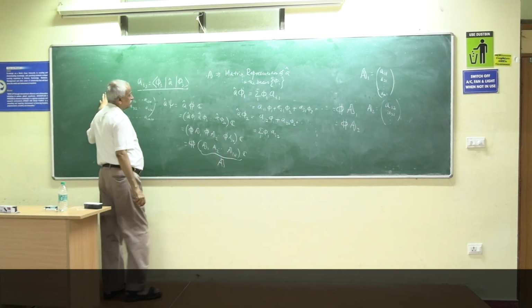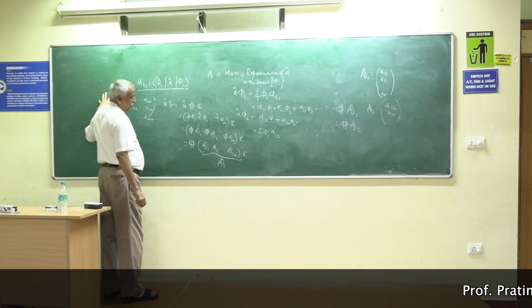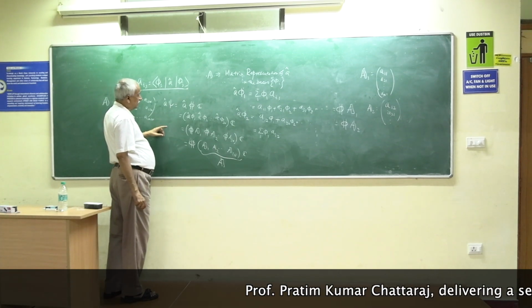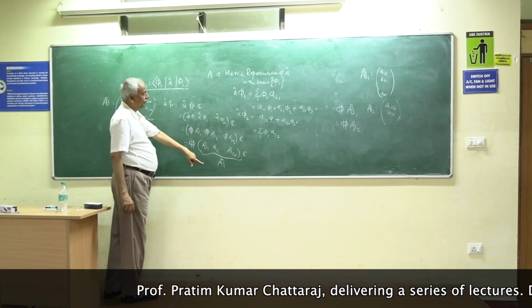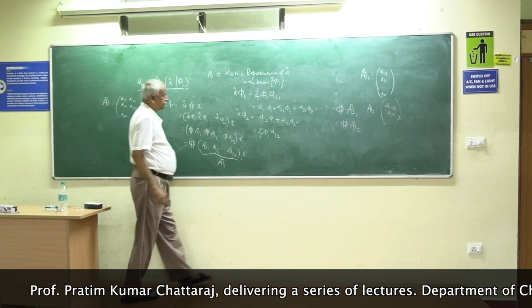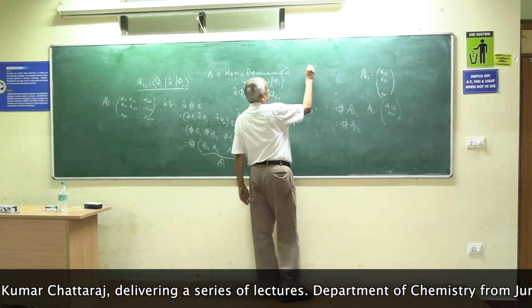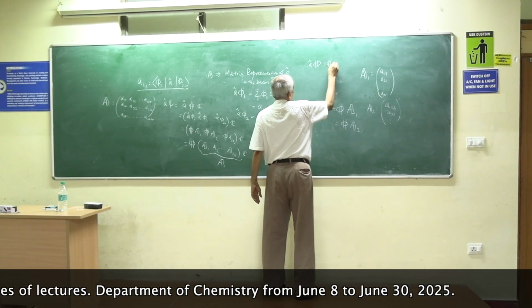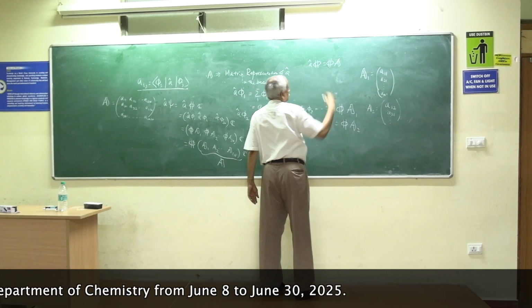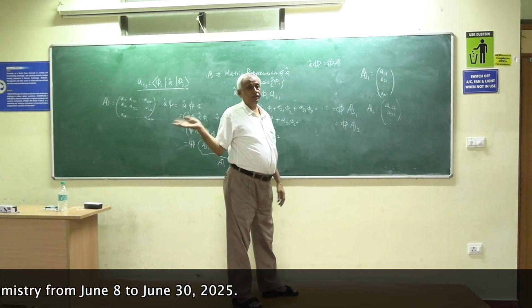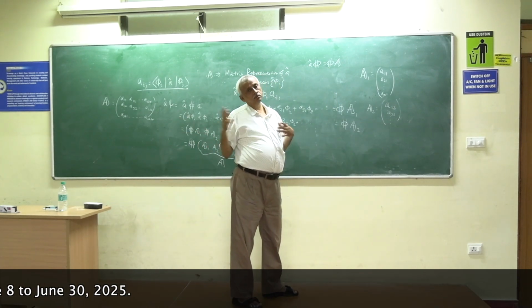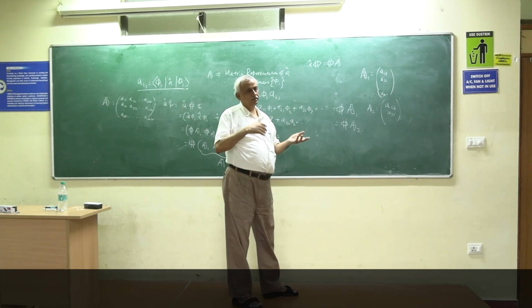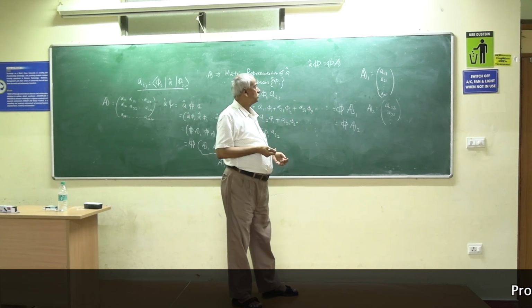Two important factors. You can see your A phi is phi A. For the sake of completeness, I am telling some of the items which, if you are interested, are also part of your quantum mechanics and group theory that you have to know.